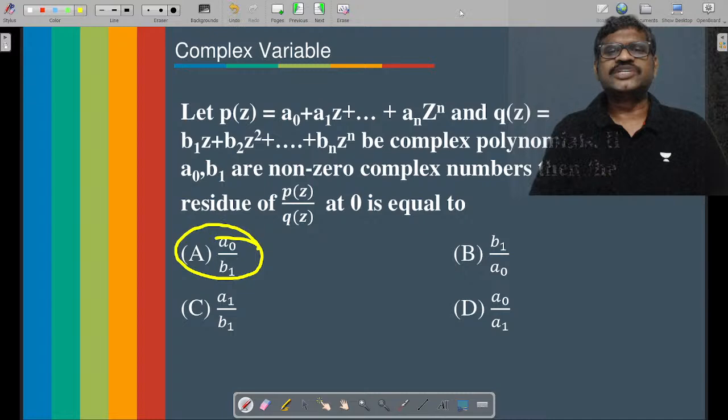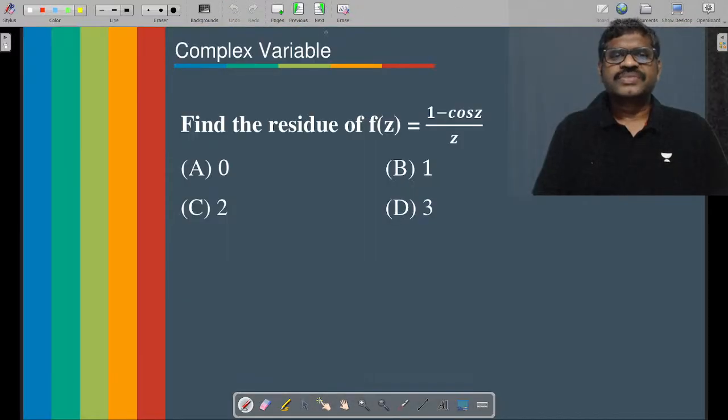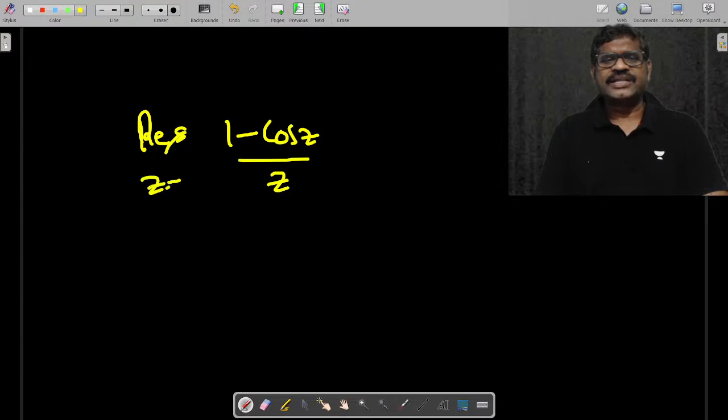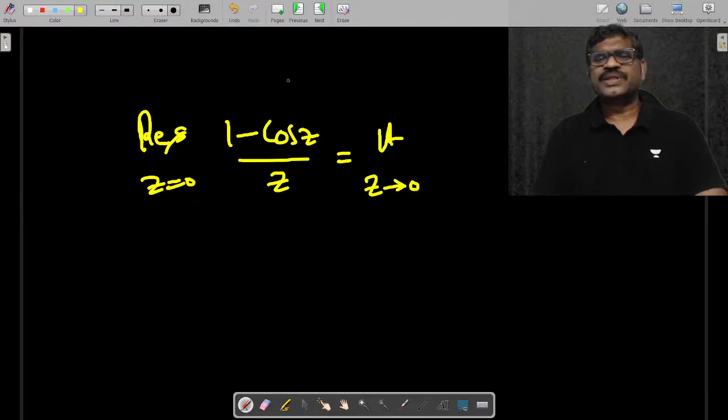Next problem. Find the residue of f of z equal to 1 minus cos z by z. So denominator z equal to 0. Now residue of 1 minus cos z by z at z equal to 0 is limit z tends to 0.